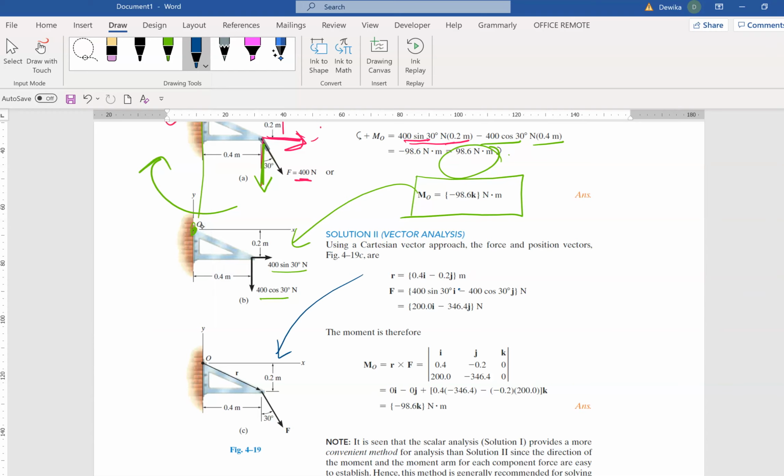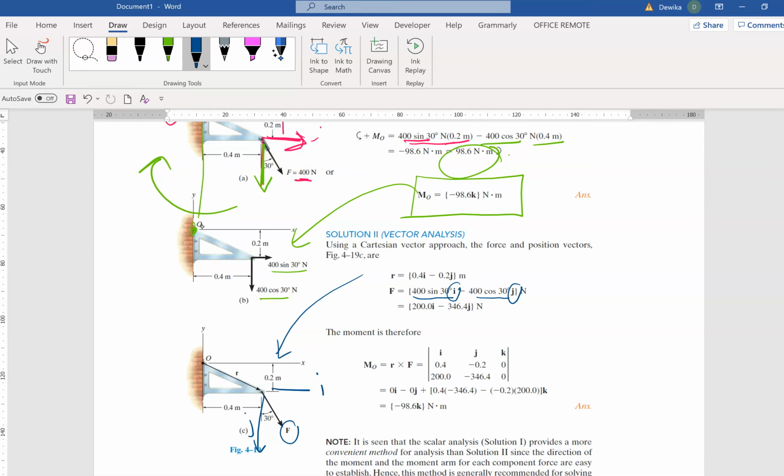So we have R, we have F. What is F? F is a component of 400 sine 30 and 400 cos 30 in the form of I and J. Because when it's standing here, this is cos, which is in the form of J, and this will be for I. Got it?